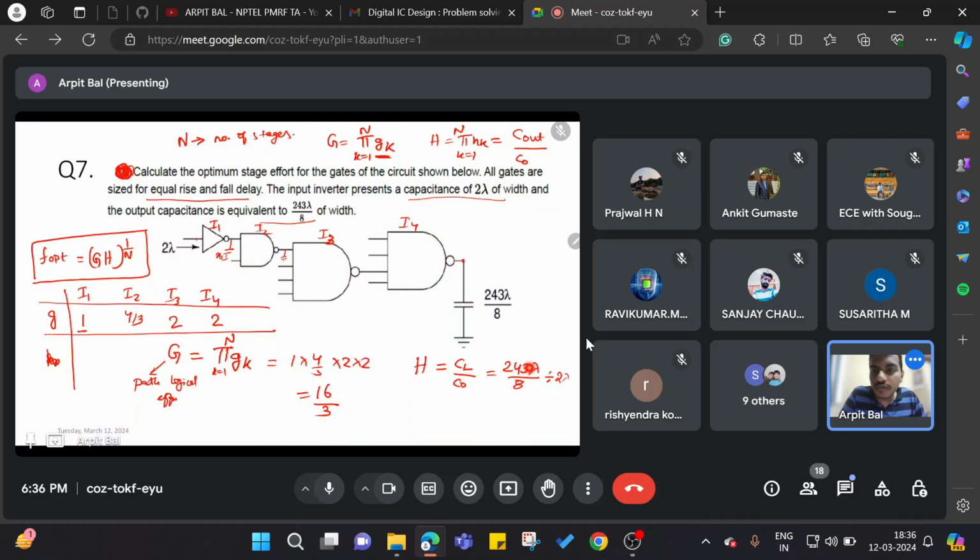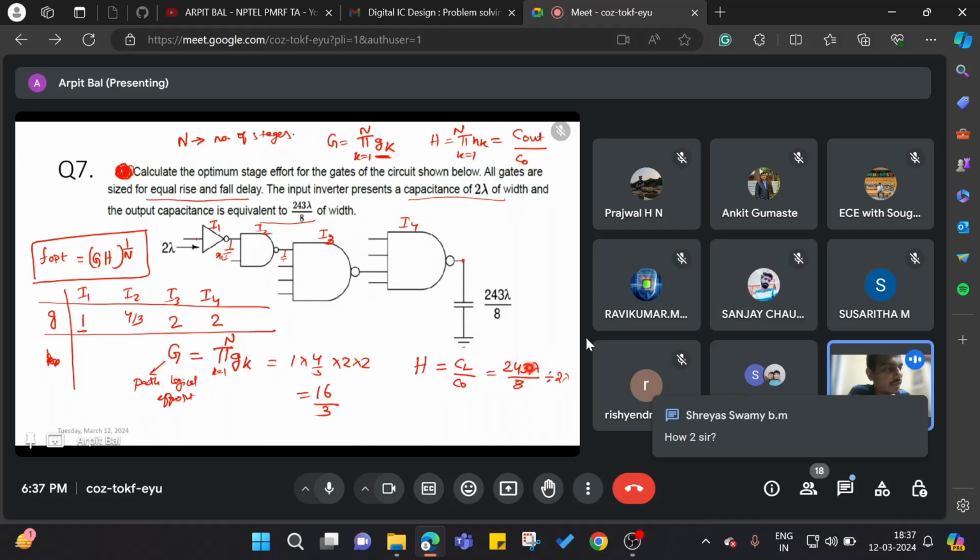For a 2 input NAND gate, it is 4 by 3. For a 4 input NAND gate, it is 2. Similarly I4 is also a 4 input NAND gate, that is 2. Then we figure out the path logical effort, that is the product of all these individual logical efforts. That is 1 into 4 by 3 into 2 into 2, that is 16 by 3.